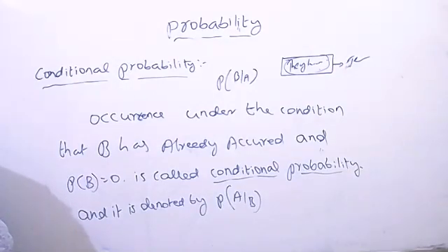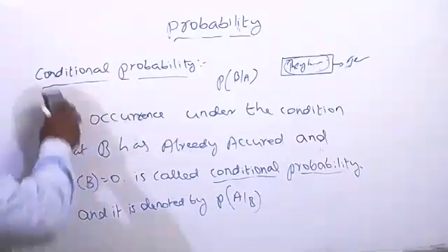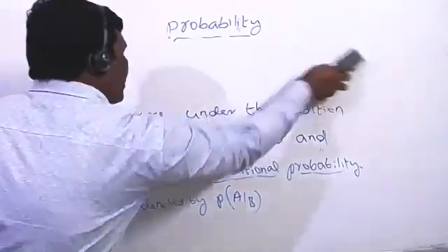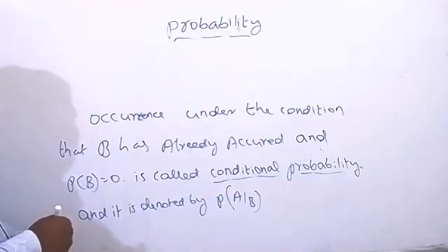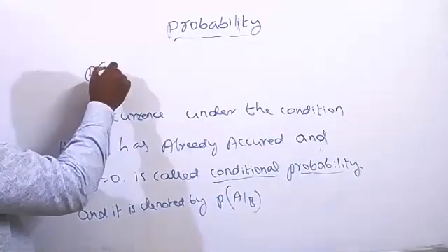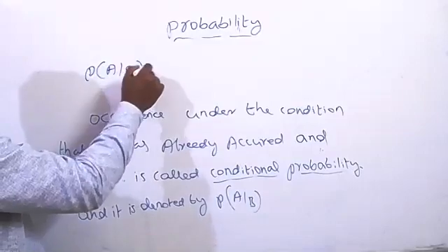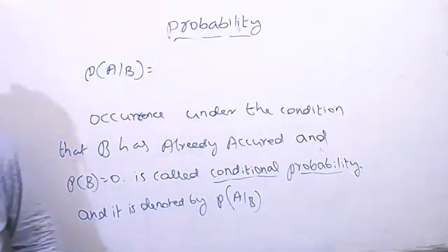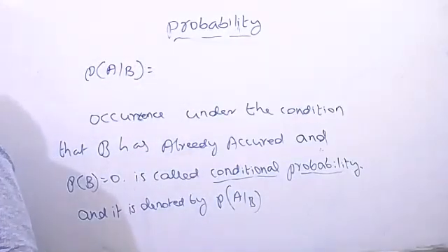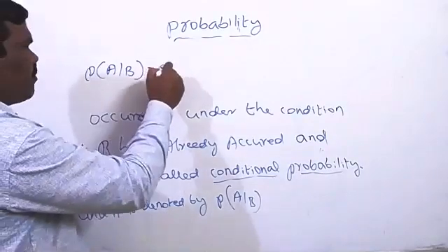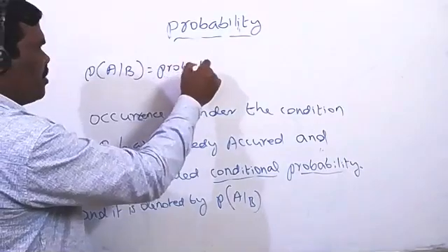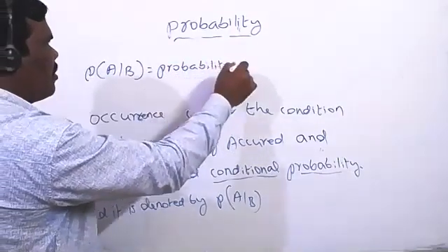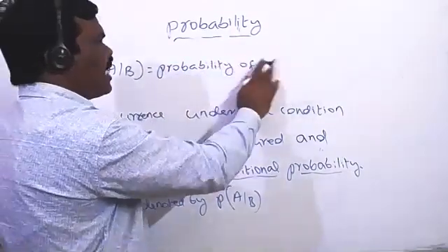Probability of A by B is equal to, you can write one simple word now.